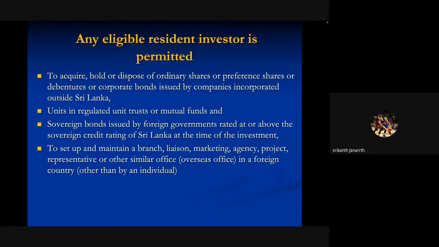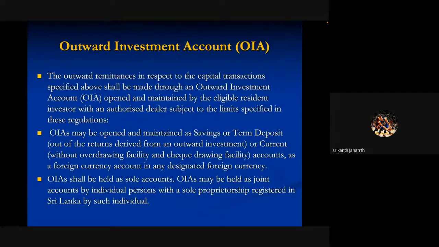Then also you can set up and maintain a branch or liaison office, marketing or agency, project representative or whatever office you can put up overseas. So other than the individual, a partnership or company can do that. They can set up a branch, liaison office, or project office overseas, right? That is also a permitted investment opportunity. So those are permitted investments.